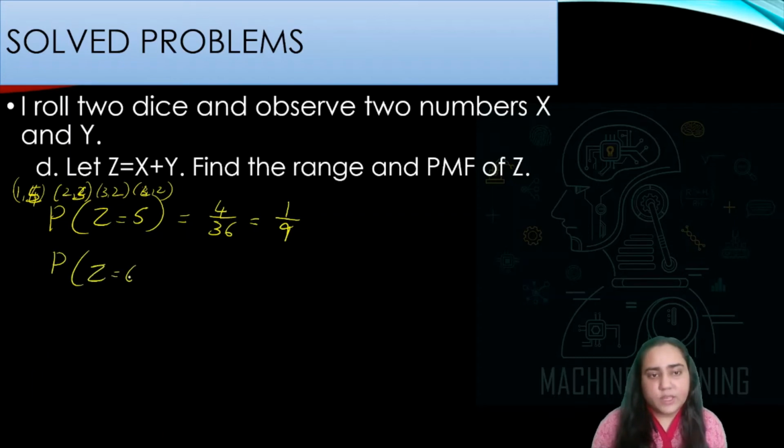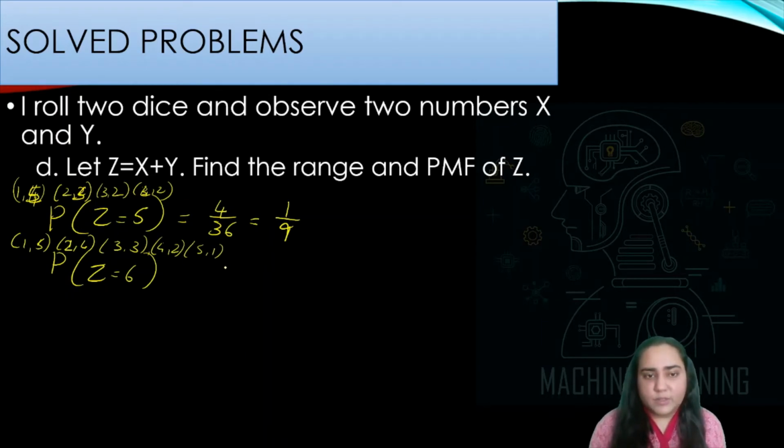For z equal to 6, you will have more possibilities. This time you will have 1 and 5, 2 and 4, 3 and 3, 4 and 2, and 5 and 1. So that is actually 5 possibilities, so it will be 5 by 36.